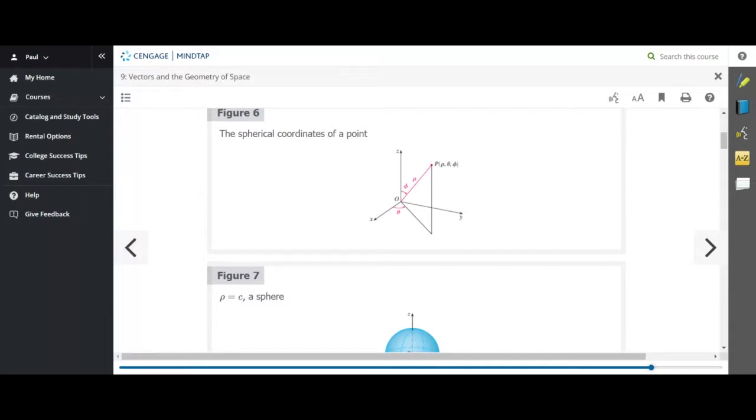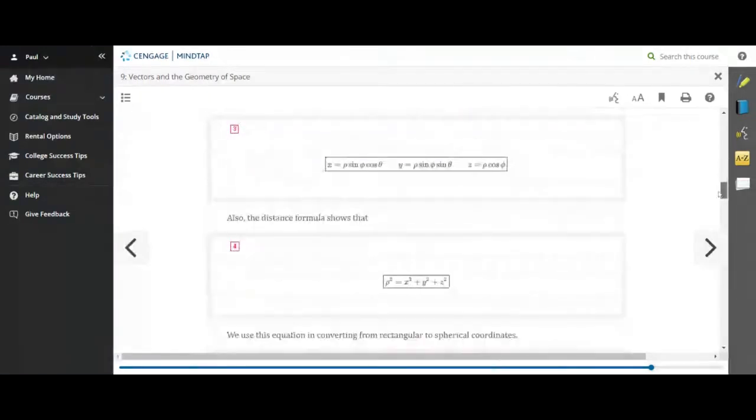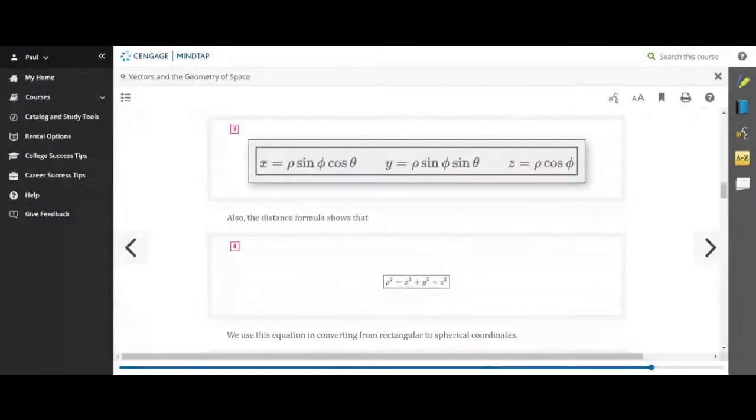Now, it turns out we have some nice conversion formulas also for spherical coordinates. And again, you're going to have the ebook available on the exam, so you can access these formulas.